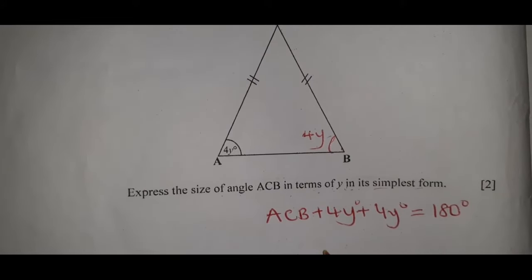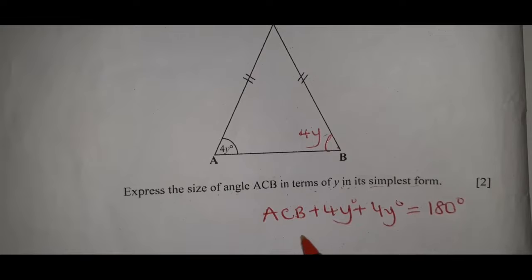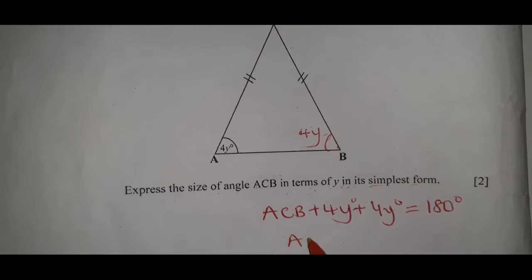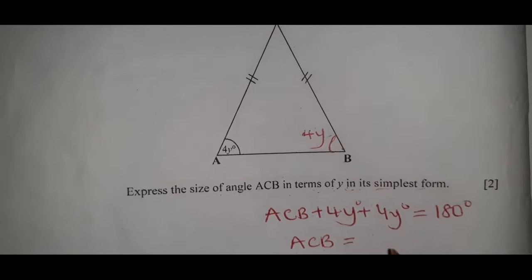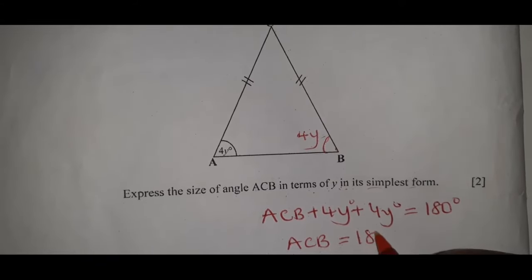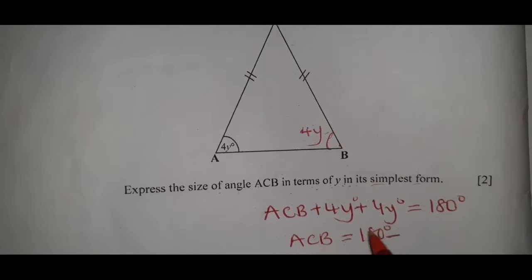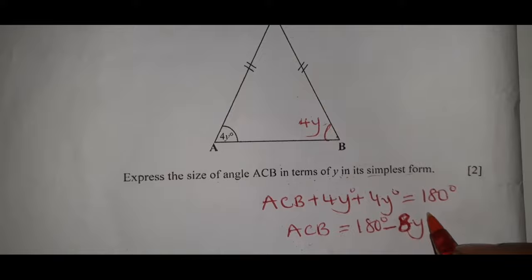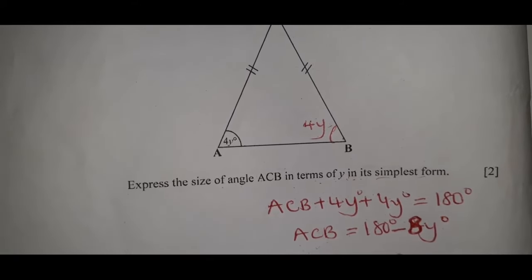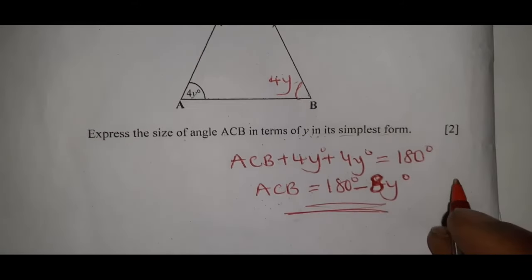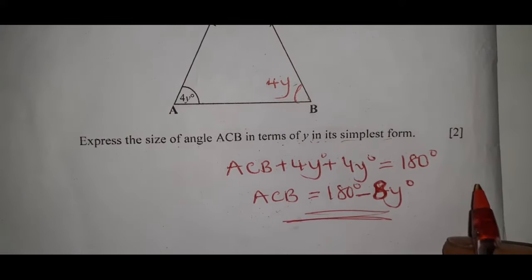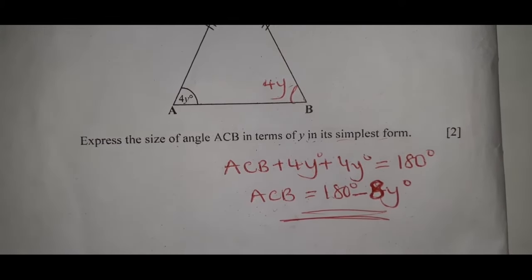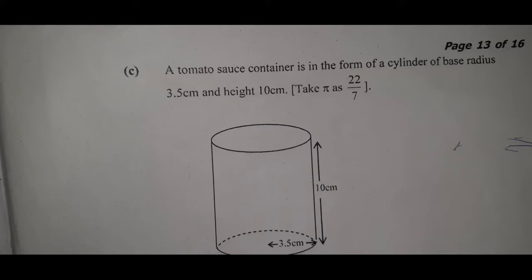So then this is going to give us angle ACB equals 180 degrees minus 8y degrees. This is what is going to be our answer just here. Okay, 180 minus 8y, that's what we're going to get.